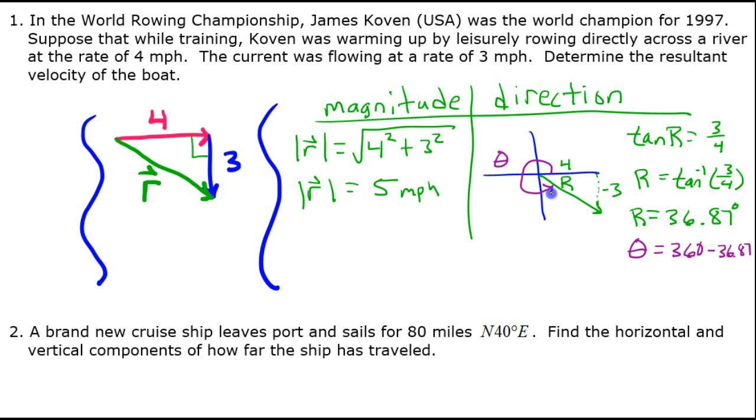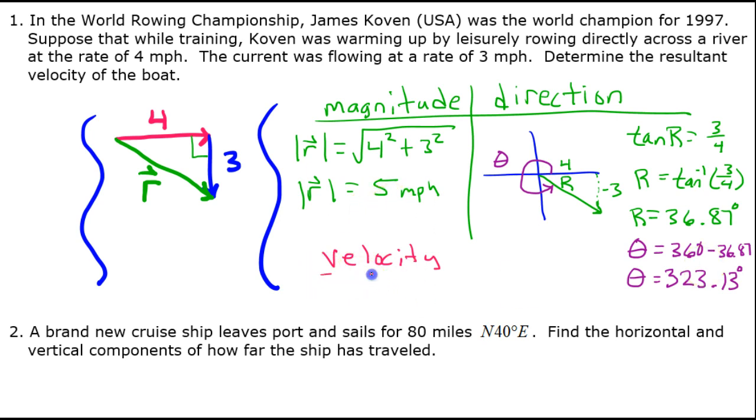All right, we were on our way to 360 degrees, but we stopped short by a value of r. So we're subtracting r. So theta turns out to be 323.13 degrees.